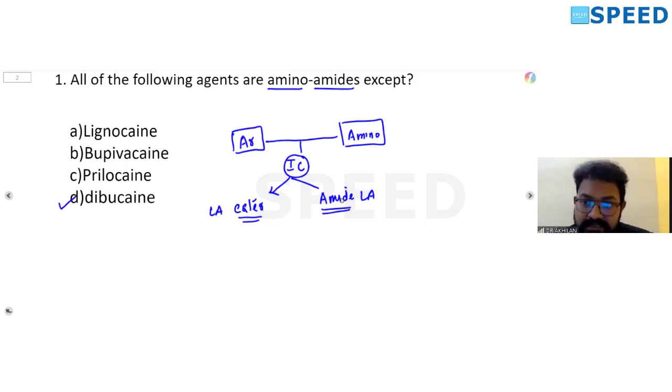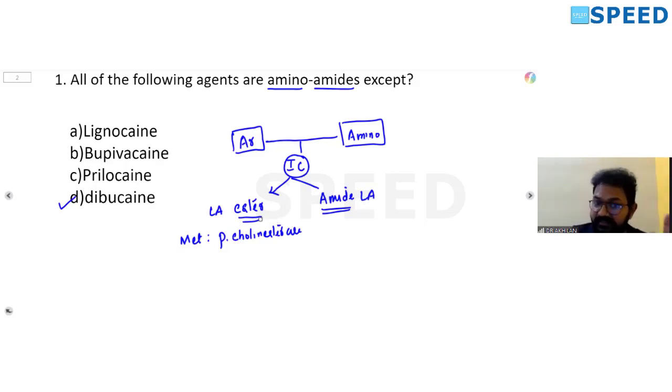All ester local anesthetic agents are metabolized by pseudocholinesterase enzyme, or plasma cholinesterase enzyme.